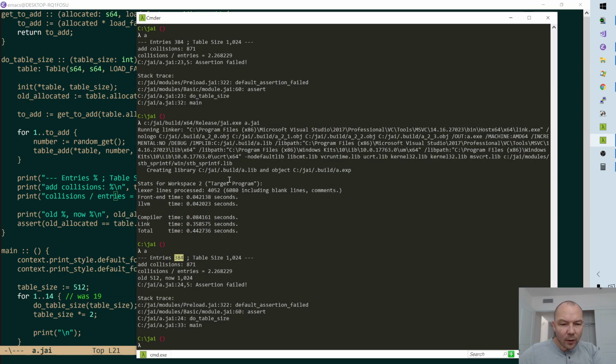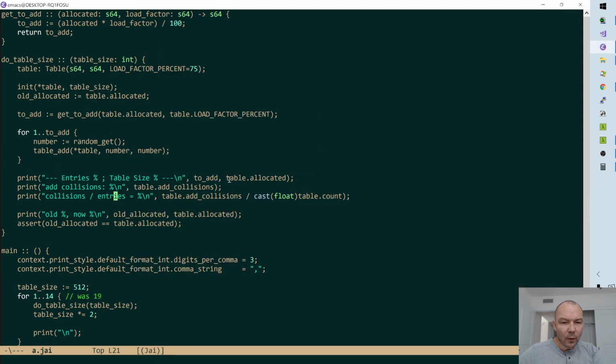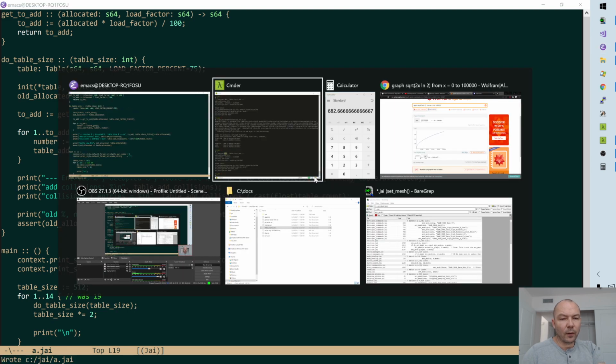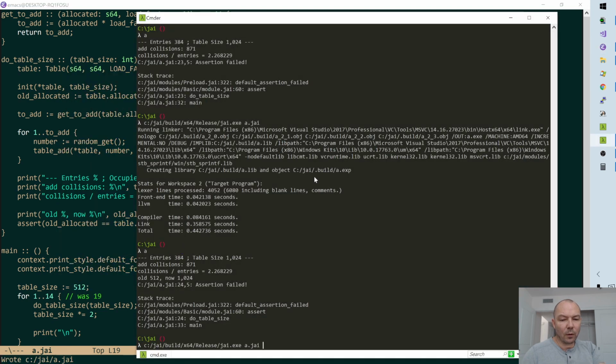How much is actually in the table also? Okay. Let's use slots filled. This is really weird. But maybe this tells us.